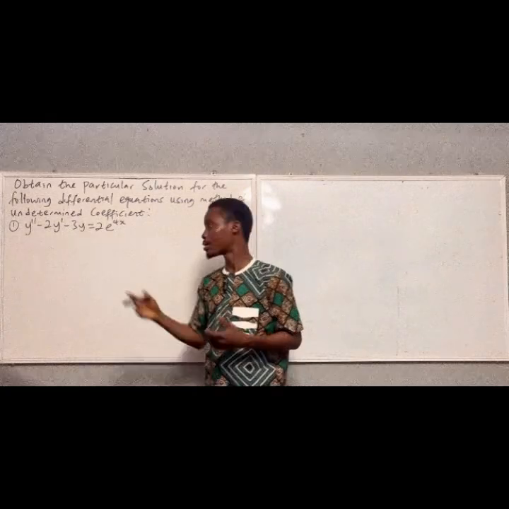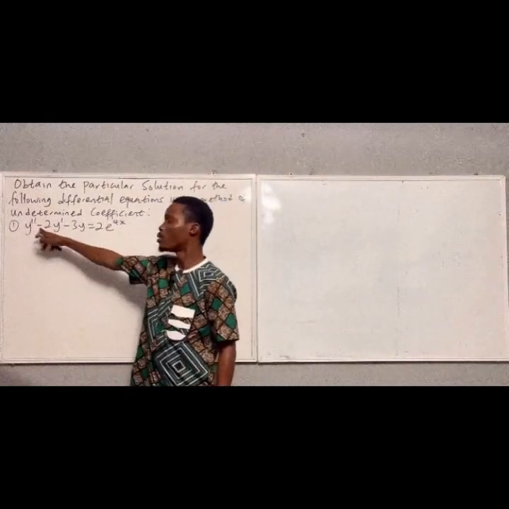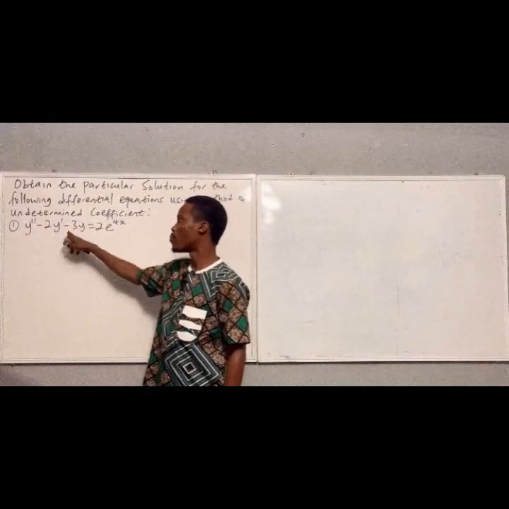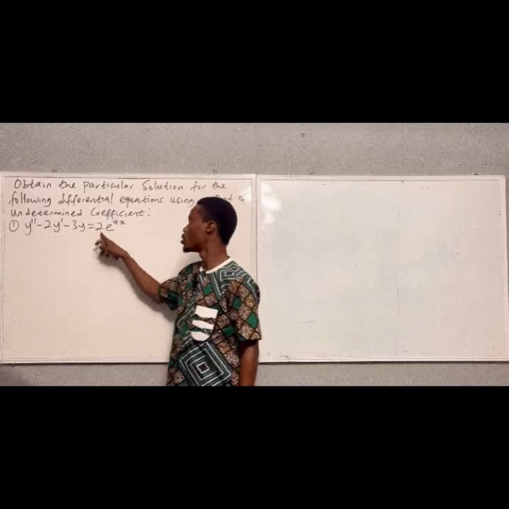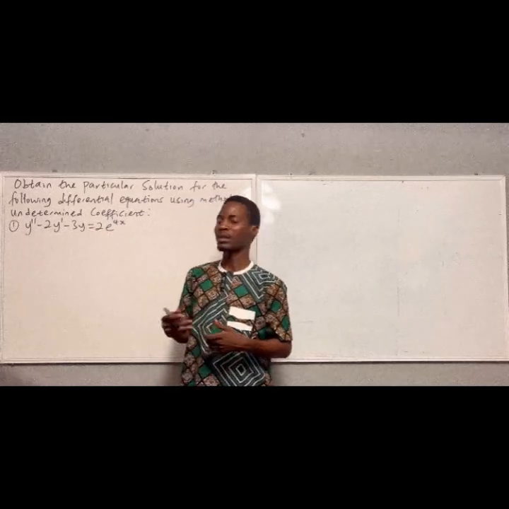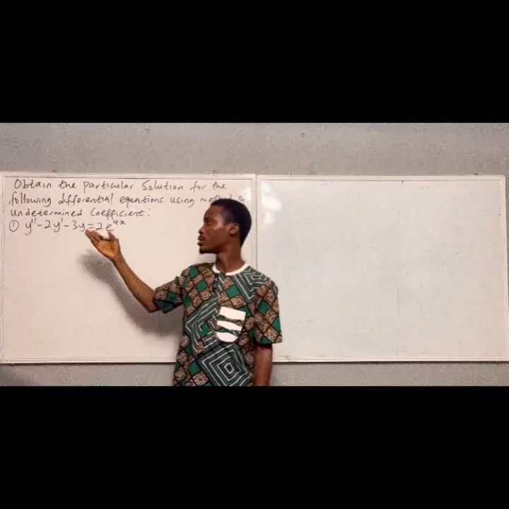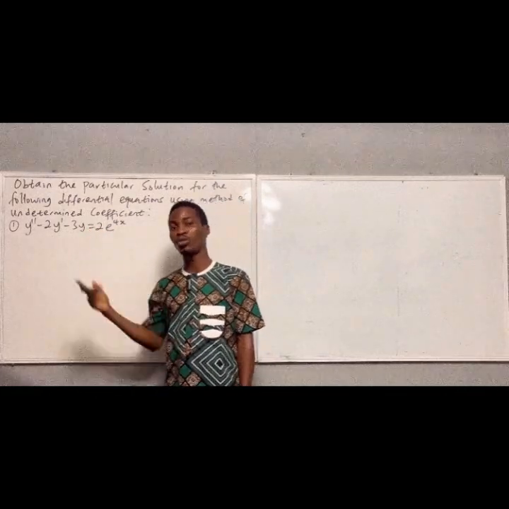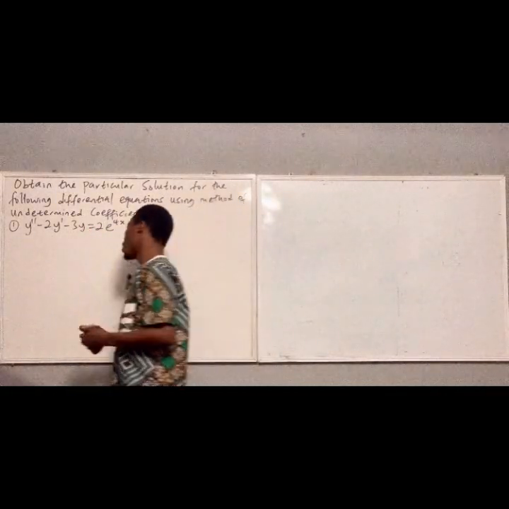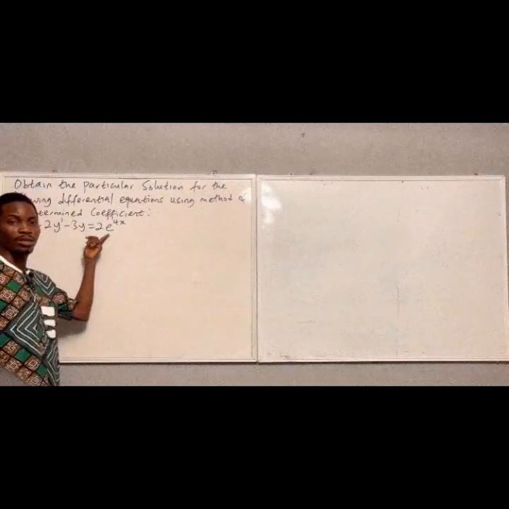This is y double prime minus 2y prime minus 3y is equal to 2 exponential 4x. You can see that this is second order non-homogeneous. Why? Because our g of x here is not equal to 0.